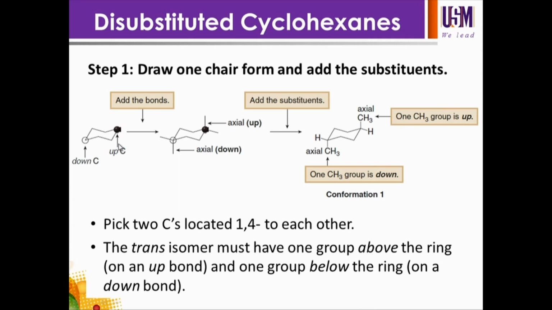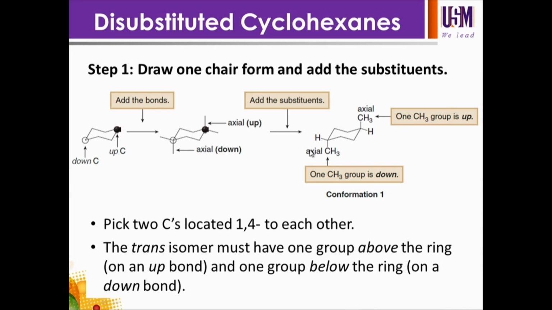Because trans is in opposite directions, we place one carbon up and one carbon down, and then we can add the substituents, either at the axial position or at the equatorial position.